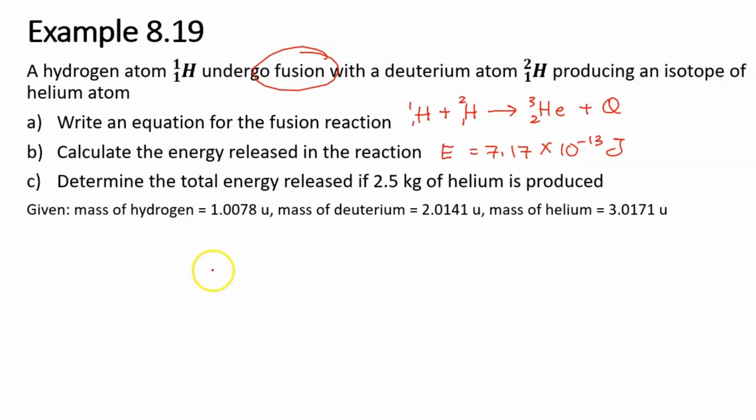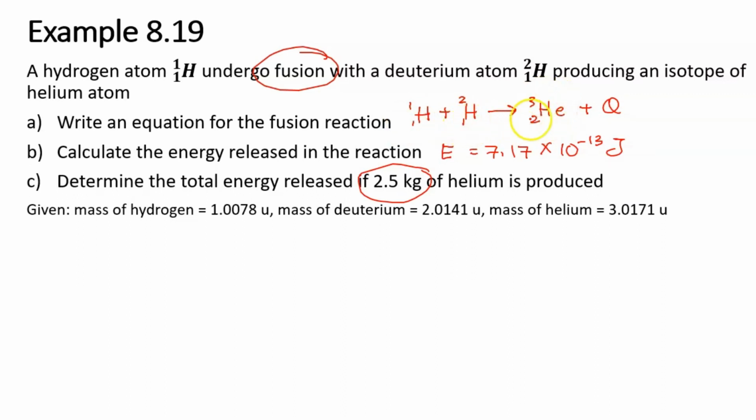Next, for question C, determine the total energy release if 2.5 kg of helium is produced. Based on the equation in A, we can see that 1 hydrogen reacts with 1 deuterium and it will produce 1 helium.